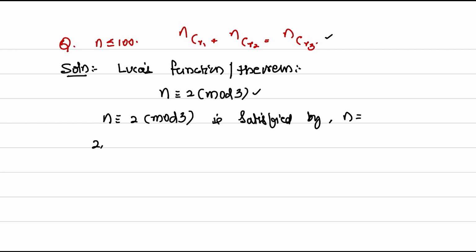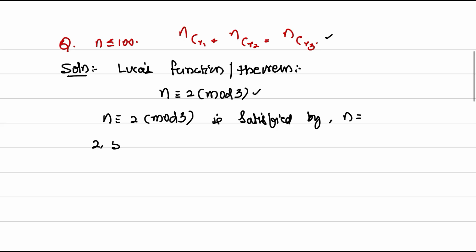When n is equal to 2, n minus 2 is 0, and 0 is divisible by 3. Yes, 0 by 3 is equal to 0. Now what are the other values? n is equal to 2.